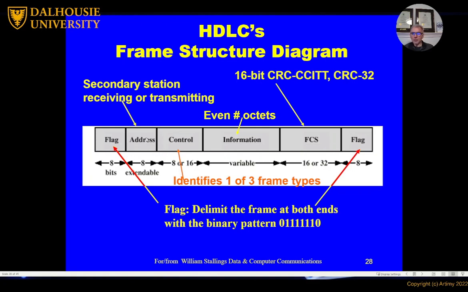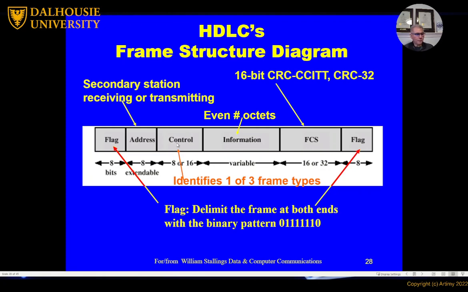So the next 8 bits is the address, and we'll see here that it can be extended to 16. So the protocol is capable of handling up to 255, 256 different peripherals, right? And they can be expanded to 16, so that's 2 to the power of 16.